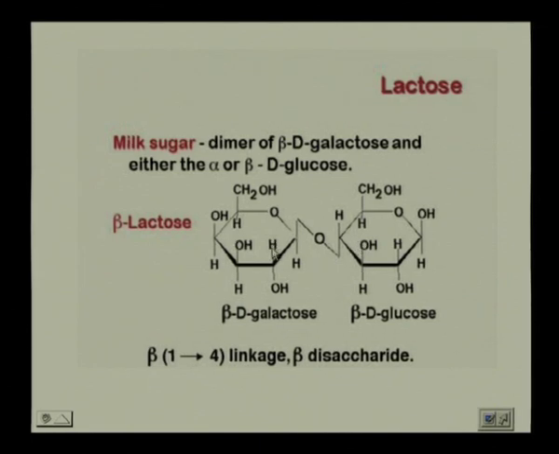It is linking galactose and glucose, that is lactose. So, it is the dimer of beta D galactose and either alpha or beta D glucose. So, this OH could be either up or down, because it is linking either the alpha or the beta D glucose. So, we have beta 1,4.